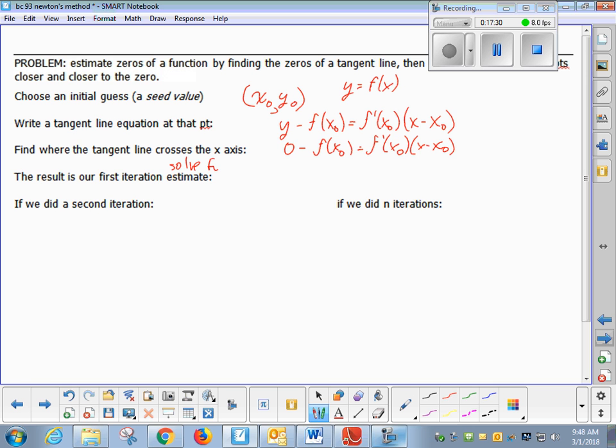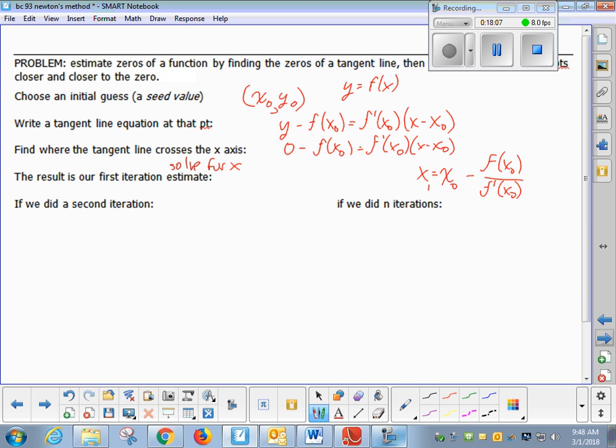I would divide f prime over, so I would have negative f at x initial divided by f prime at x initial, and then I would move x initial. You agree I divided it. What I get then is my next x, x1. x1 is x initial minus the undoing of the tangent line.